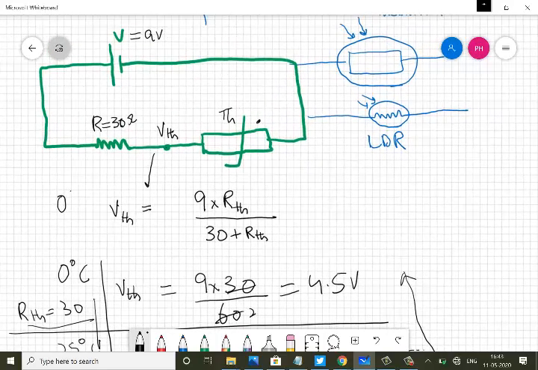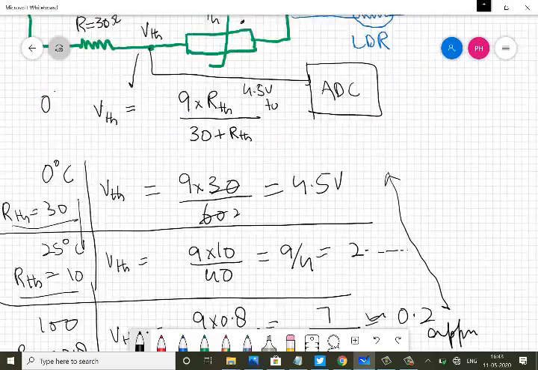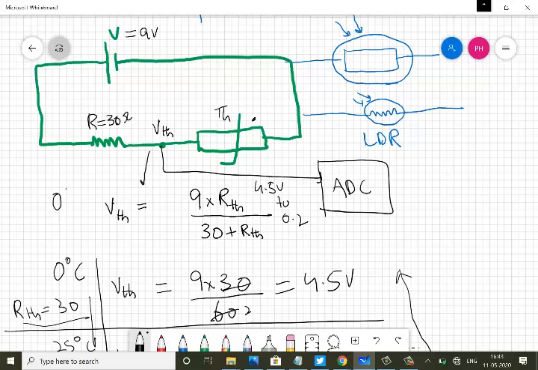This is known as signal conditioning, and this VTH we can feed to an ADC, and that ADC can convert this analog voltage that changed from 4.5 volts to 0.2 volts to a digital signal. And then we can feed that to a microcontroller.